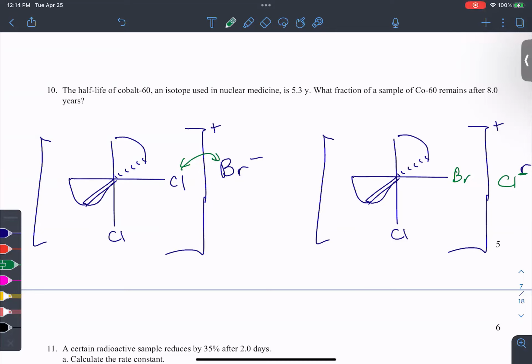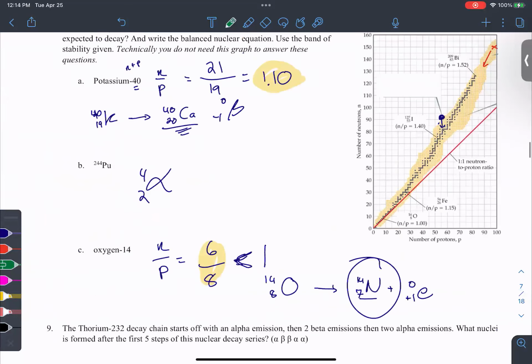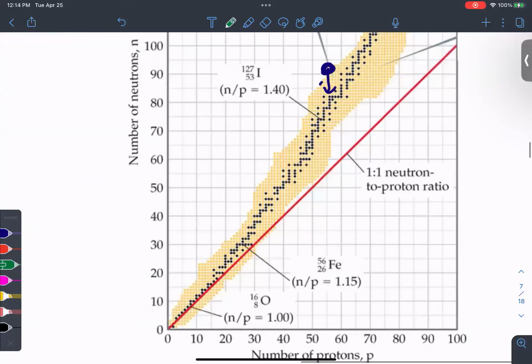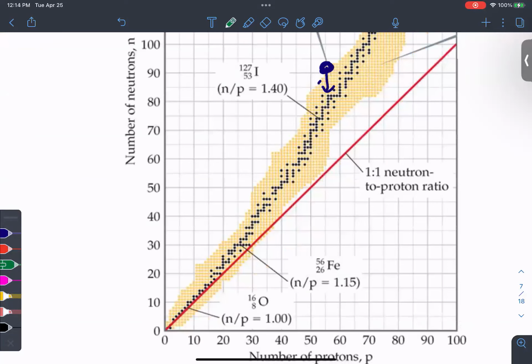Mastering stated that the neutron to proton ratio, anything with 40 AMU, should be about 1.25. I don't think that's true. Here are some examples of stable neutron to proton ratios. For oxygen, it's close to 1. For iron, it gets close to 1.15.